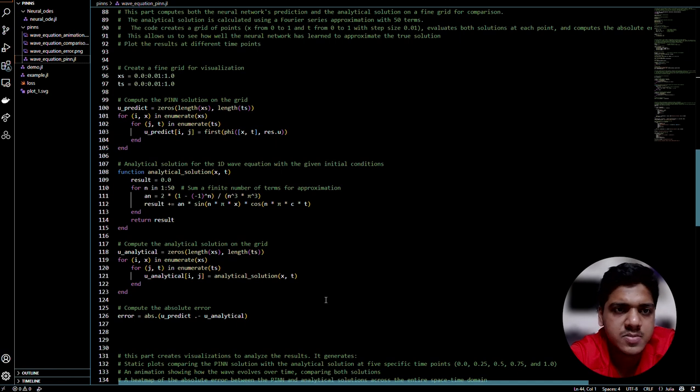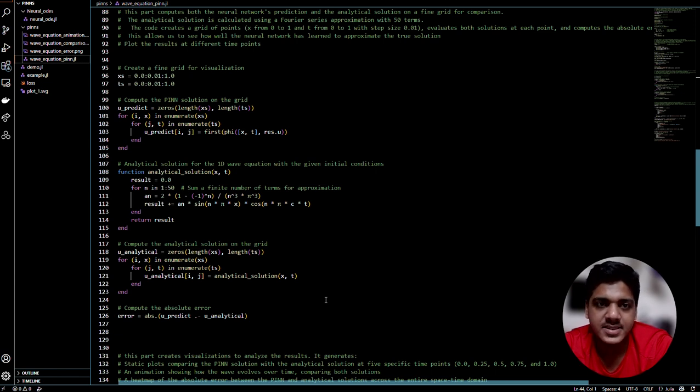Okay, so this part computes both the neural network's prediction and the analytical solution on a fine grid for comparison. The analytical solution is calculated using a Fourier series with 50 terms.